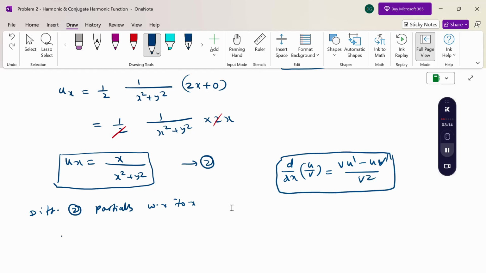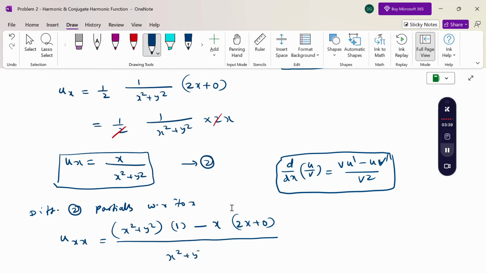Therefore uxx equal to v, the denominator value, x square plus y square, times the numerator's differentiation 1, minus x times v dash, 2x plus 0, since x square differentiation is 2x and y square is constant 0, divided by x square plus y square whole square.